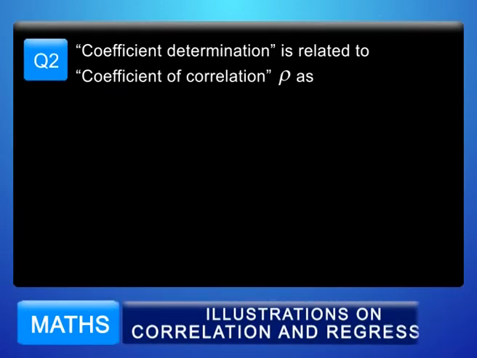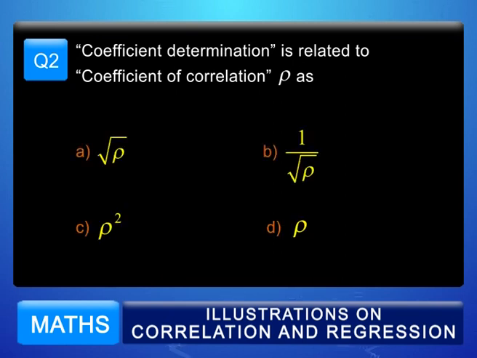Question number 2. Coefficient of determination is related to the coefficient of correlation as option A, square root of rho, B, 1 by square root of rho, C, rho square and D, rho.